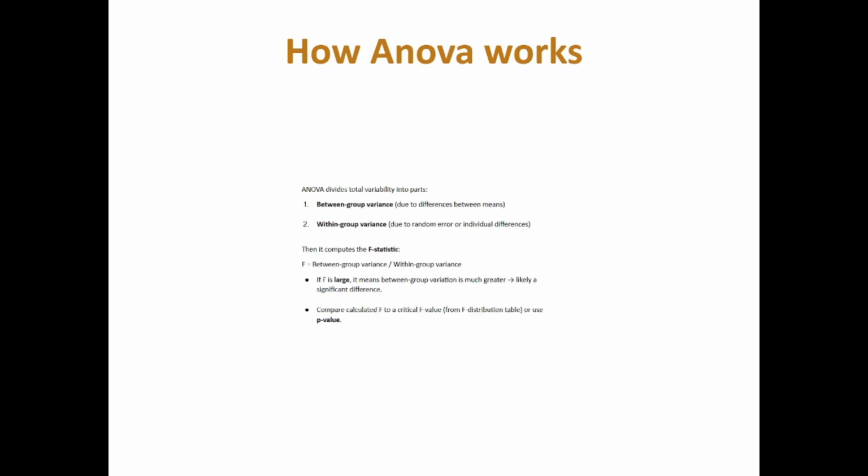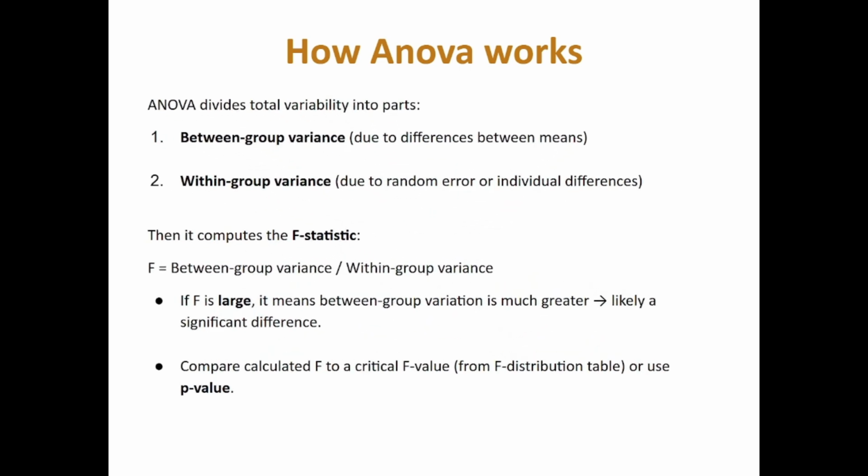Now how does ANOVA work? Basically ANOVA divides the total variability into 2 parts. As I just mentioned in the F statistics formula, we have to first calculate the between group variance due to differences between means, and the within group variance due to random error or individual differences. When these 2 values are calculated, you put them in the F statistic formula and you get the F value.